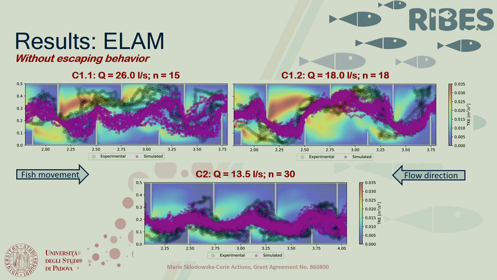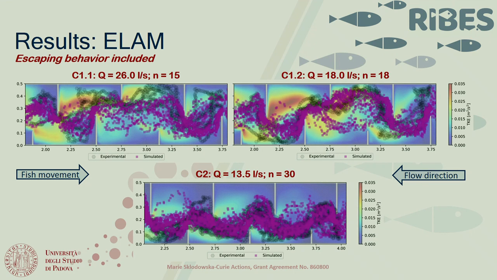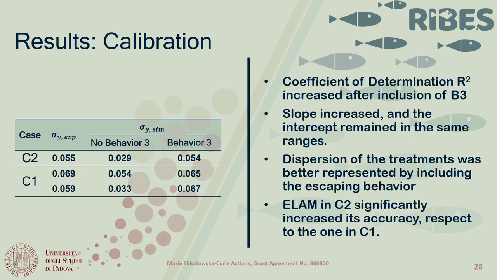So what happens if we include the escaping behavior? The swimming upstream corridor in the fishway gets better reproduced with the escaping behavior. And not only the swimming upstream corridor, but also the dispersion.